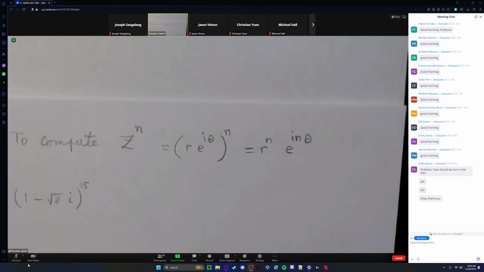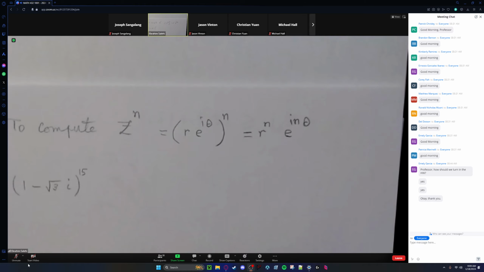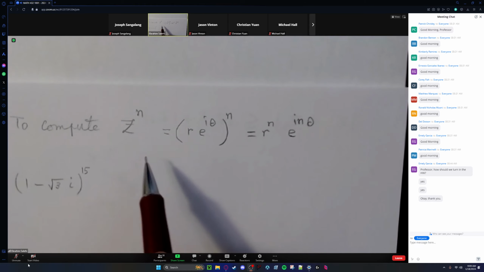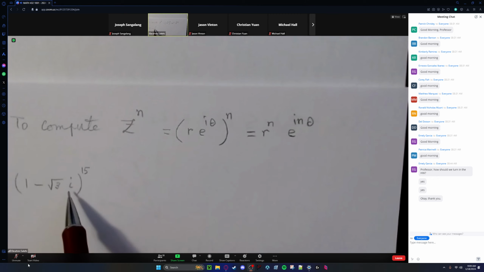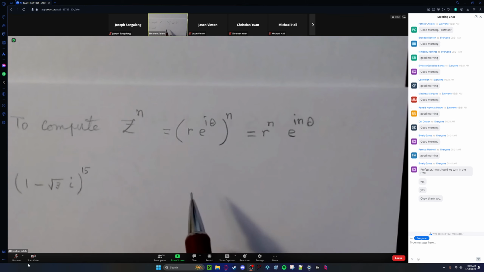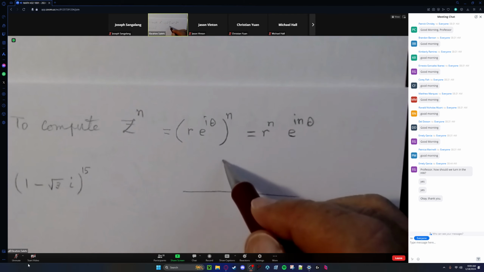Well, I strongly recommend that whenever you want to write a complex number, in this case 1 minus square root of 3i, in polar format, just go ahead and plot the point.